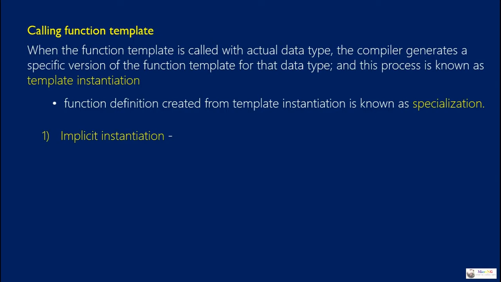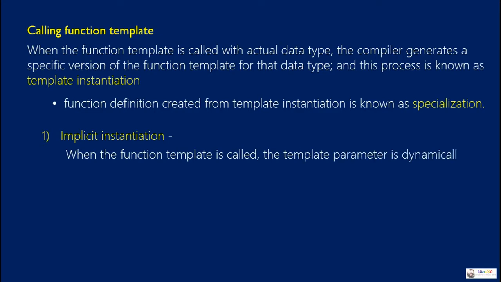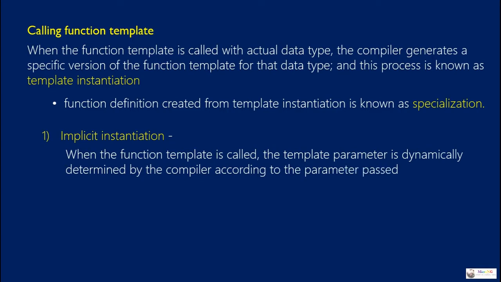First one, implicit instantiation. When the function template is called, the template parameter is determined by the compiler according to the parameters passed. Second one, explicit instantiation.